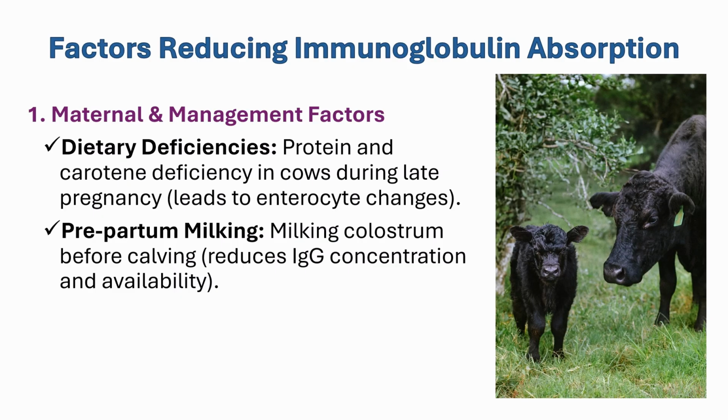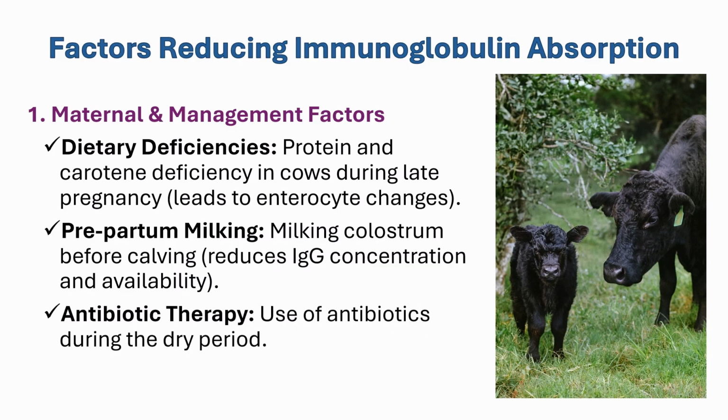Extracting colostrum before calving is a critical error. It flushes out the concentrated immunoglobulins, leaving the newborn with a diluted, low-quality product. Finally, antibiotic overuse. Excessive therapy during the dry period can interfere with colostrum quality. Remember, successful immunity starts in the dry period, not just at birth.